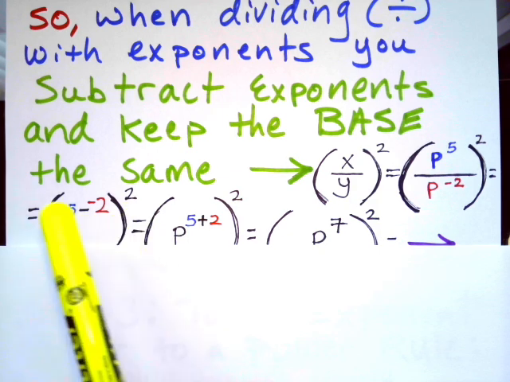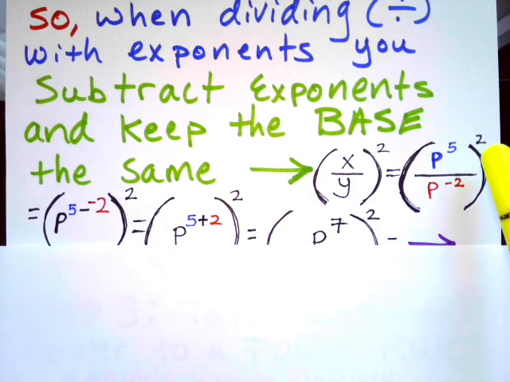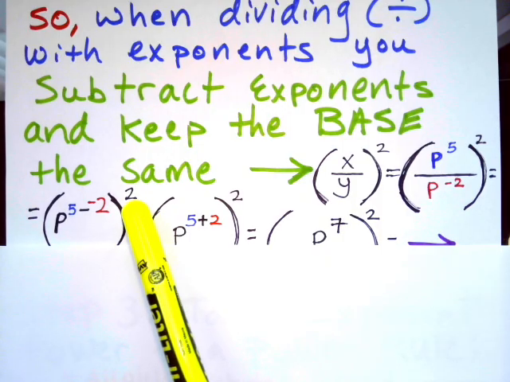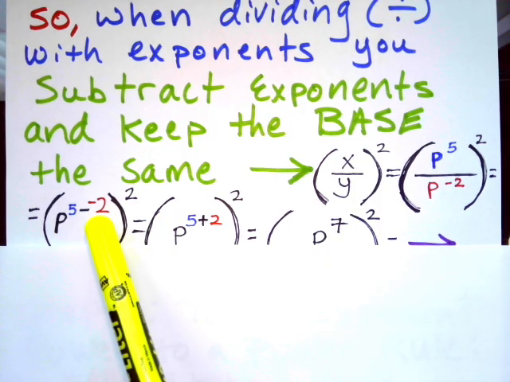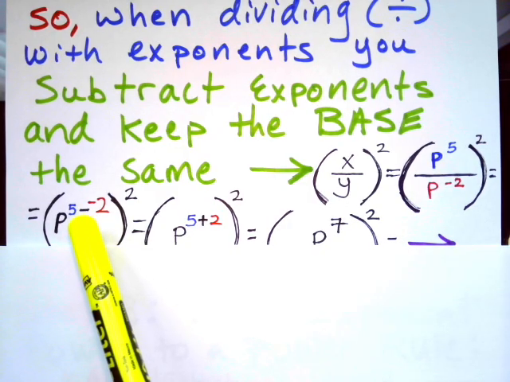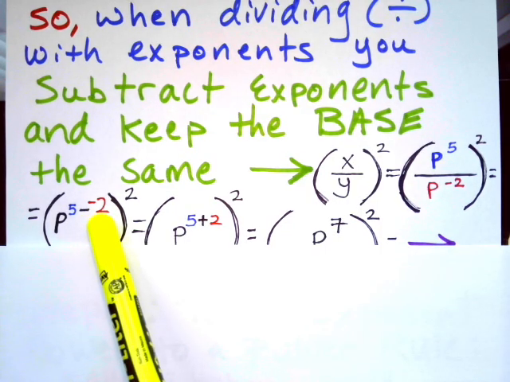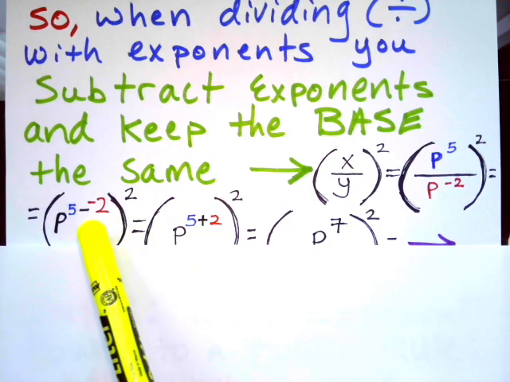Don't forget when you're rewriting each of these steps to carry that power of 2 with you each time. So 5 minus negative 2, that's the quotient rule. We have these two negatives. You distribute the negative attached to the subtraction, that negative invisible 1, times a negative 2 is a positive 2. Check out my videos on invisible ones.